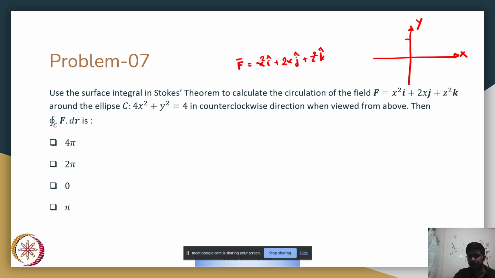If I draw this ellipse, it would look like this, viewed from above. This is my origin. The path C will intersect the y axis at 2 and minus 2 and the x axis at 1 and minus 1.